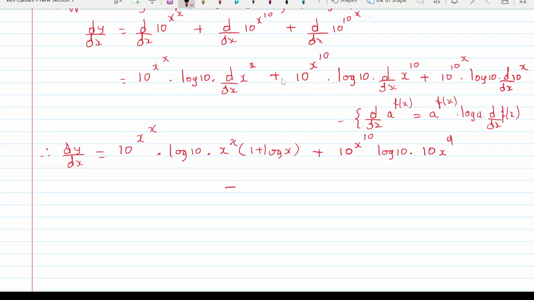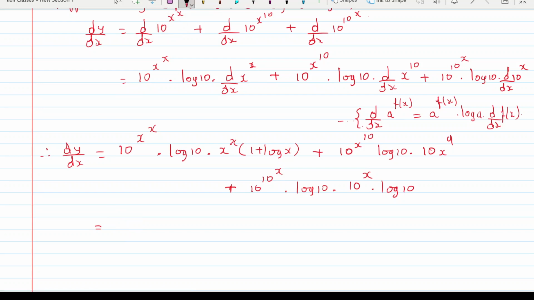And then the last term is 10 raised to x log 10, and d by dx of 10 raised to x is 10 raised to x log 10. That itself is a raised to x, a raised to x log a. Okay, can we do anything further? In the first term we can't do anything. Can we take log 10 common? We can take log 10, or you can keep it like that also. But there's no point taking log 10 common, since it is not 2 or 3. We'll keep it as it is.